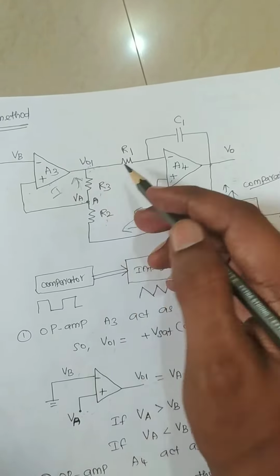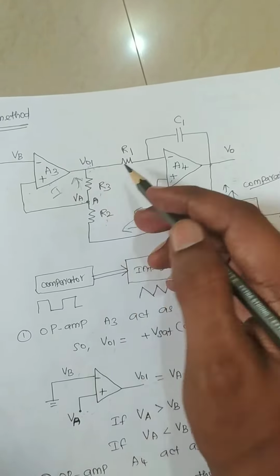So equate both the currents, and we will get this equation. Apply KCL at node A. The first current I is equal to the second current I. Equating both currents, you will get (V0 minus VA) by R2 equal to (VA minus V01) divided by R3.